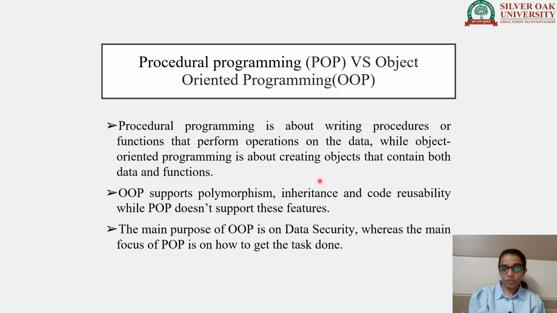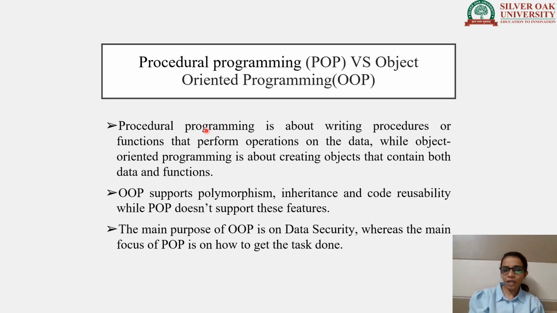Procedural programming is about writing procedures, or functions, for particular problems, and operations are performed on the data. But object oriented programming is about creating objects that have both the data and the functions too. So we can easily bifurcate the objects, while in procedural programming we only know the functions, not the objects.